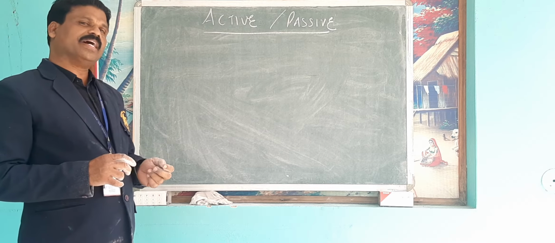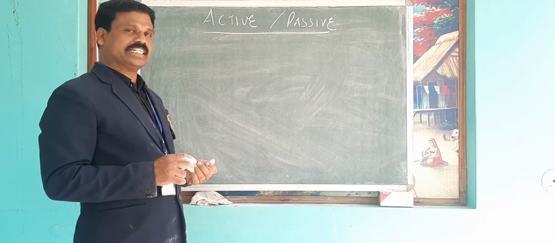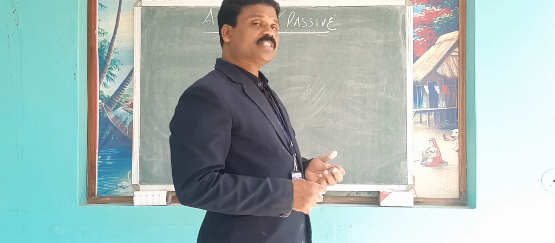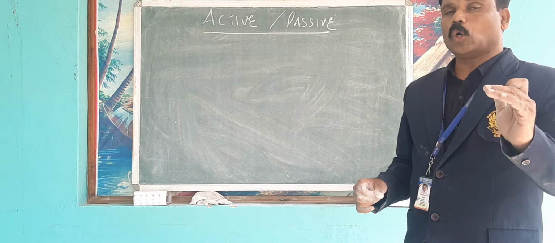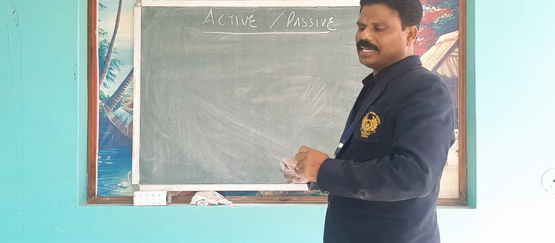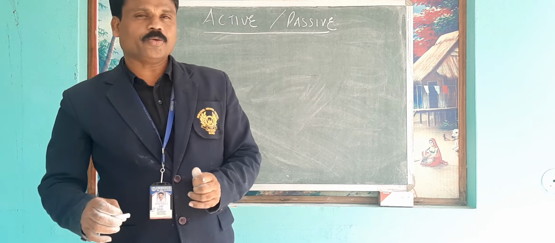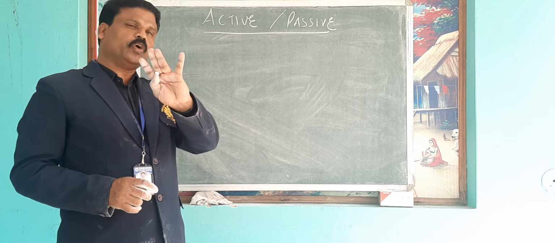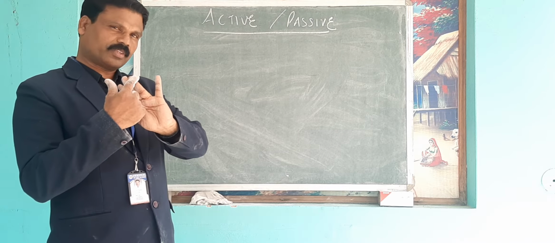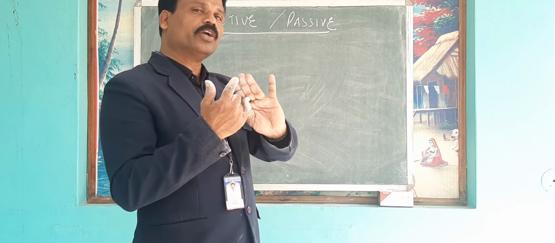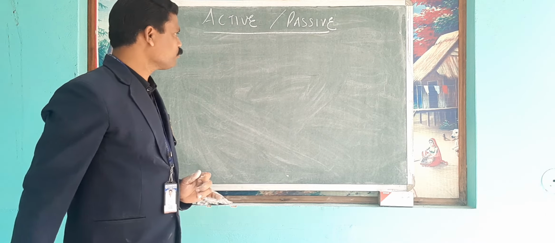Is, are, was, were, has, have, had, do, did, does. Primary, will, would, shall, should, can, could, may, might, must, need, dare, ought to, used to. Modal auxiliary verbs. Among the 24 auxiliary verbs, 4 are singular. Is, was, has, does. Plural, are, were, do, and have.